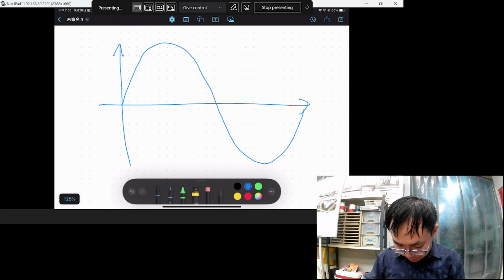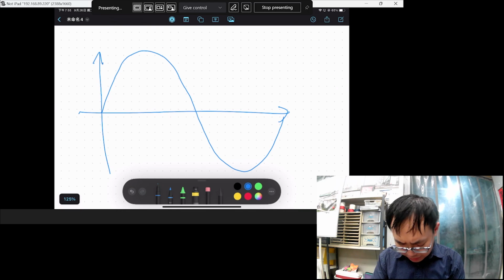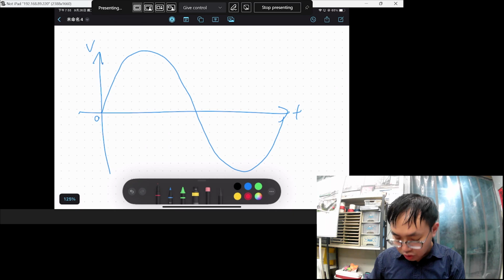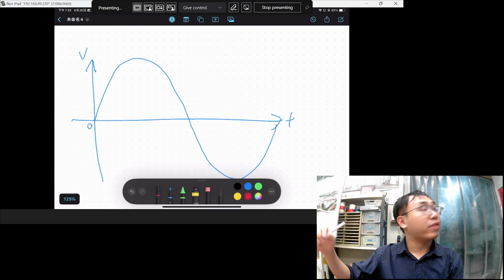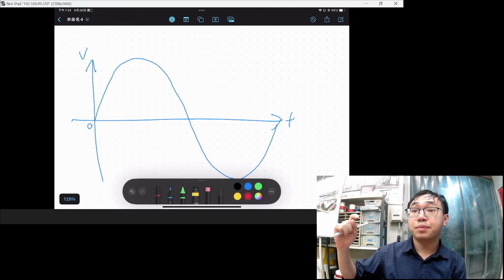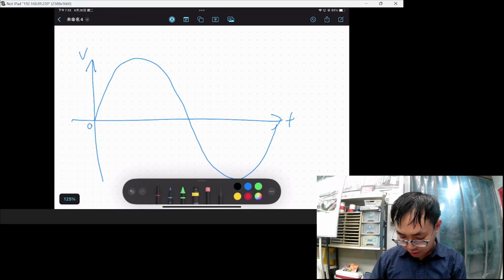So this is DC in, yeah. This is voltage. This is time. Say this is 0. Let me ask you a quick question first. Do you remember the frequency of the electricity in Hong Kong? It is 50 Hertz.